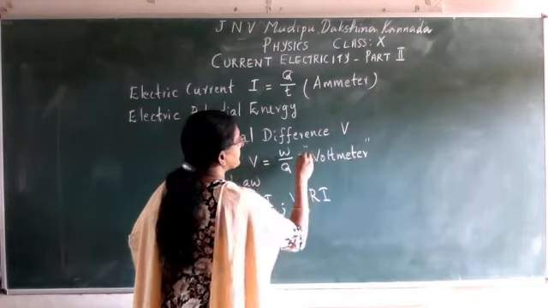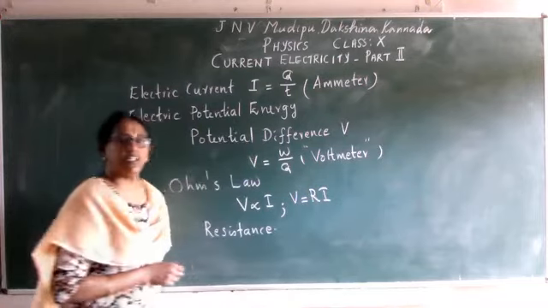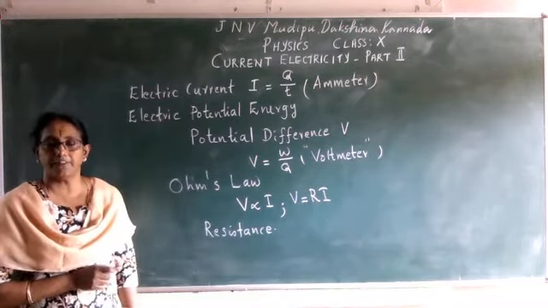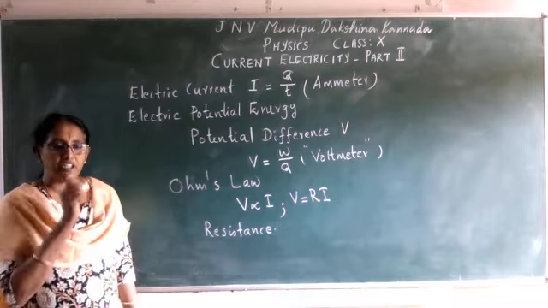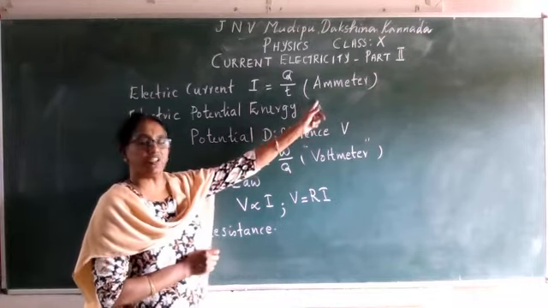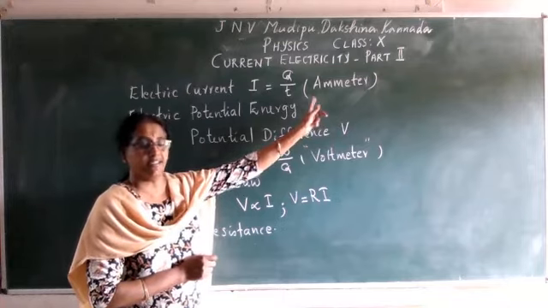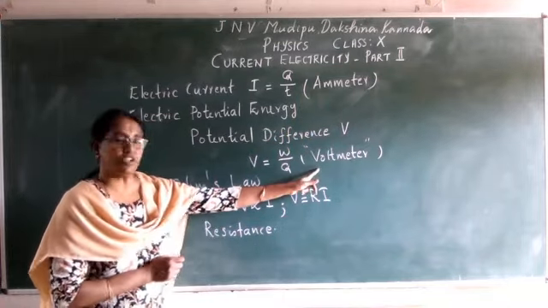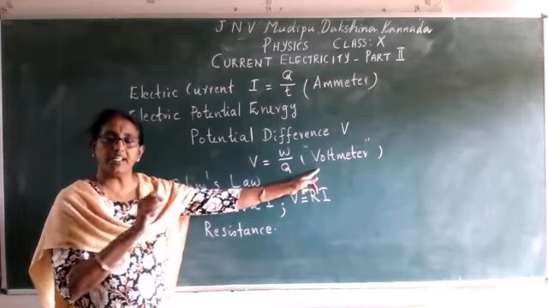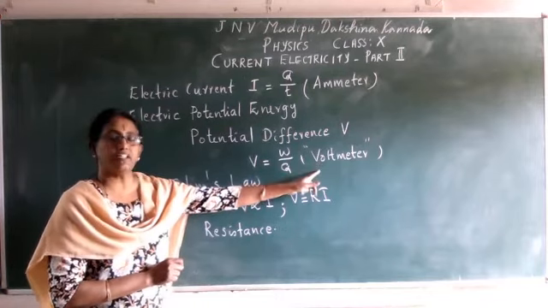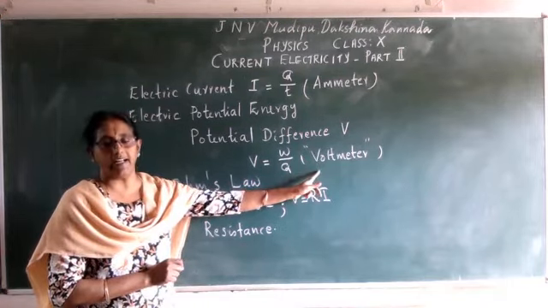These are devices which can be used for measuring current and potential difference. I mentioned that when we measure current, this device should be connected in series, and when we measure the potential difference across any 2 points, this device should be connected in parallel.